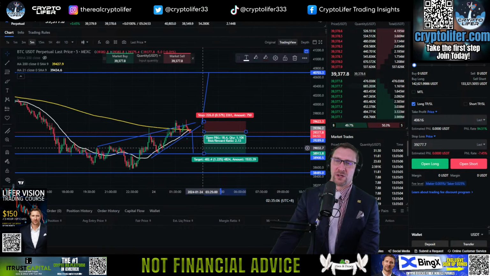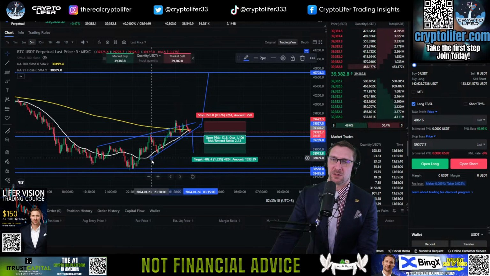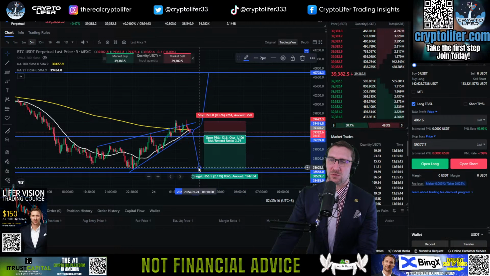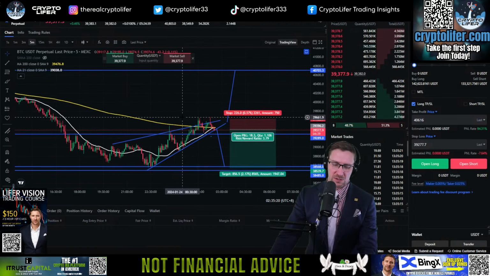Only a 2-to-1 risk reward ratio. We'd have to go all the way to the beginning of the rising wedge, which does happen many times, for this to be a plausible trade. Now it's a 3.79 risk reward ratio, right?